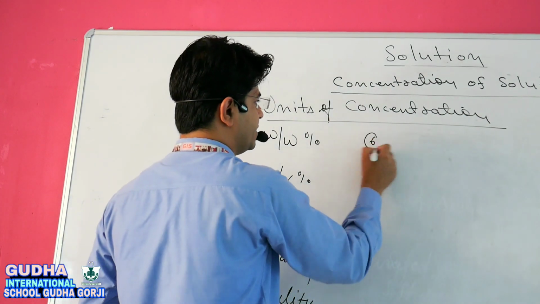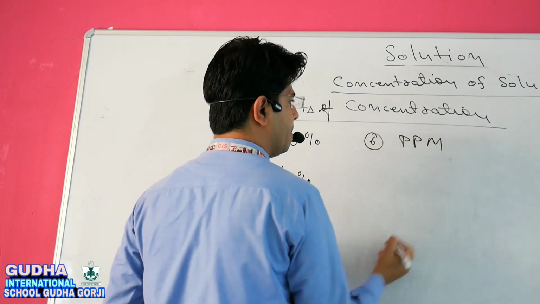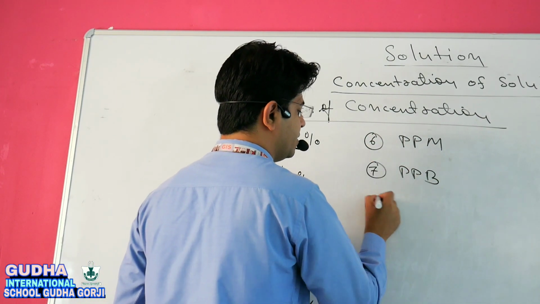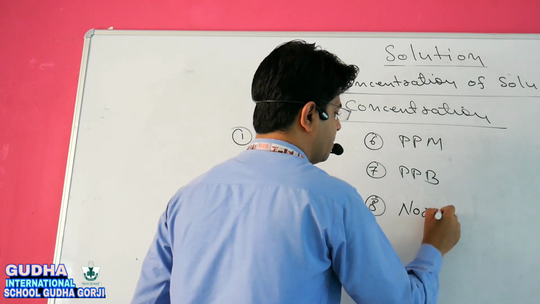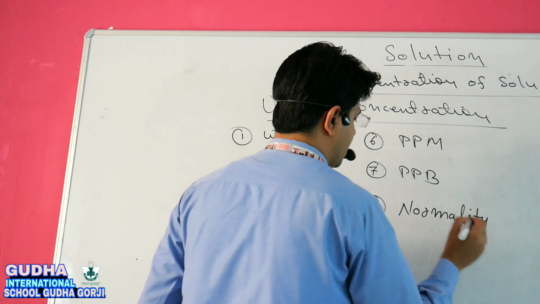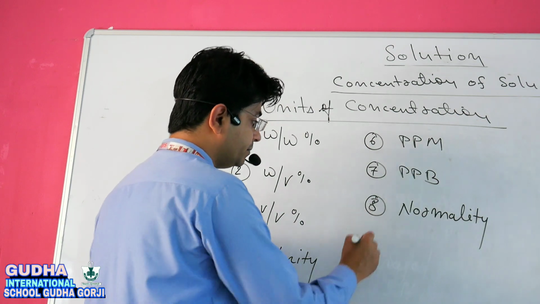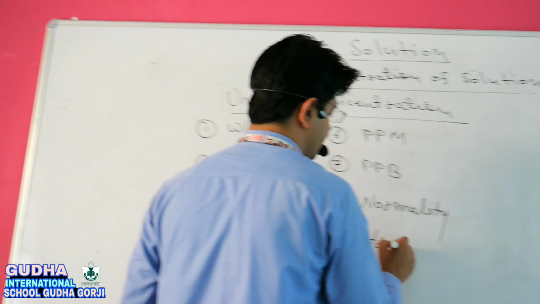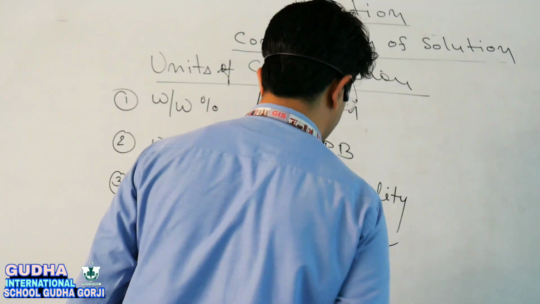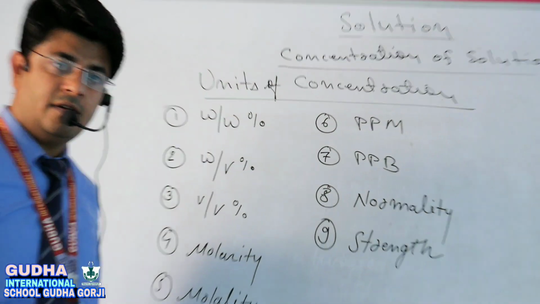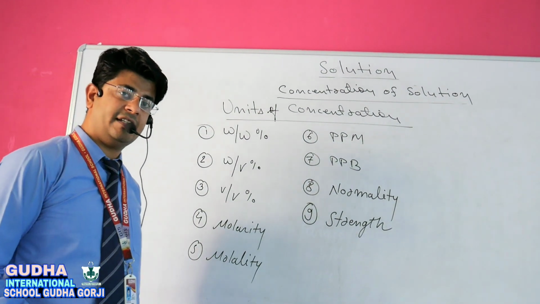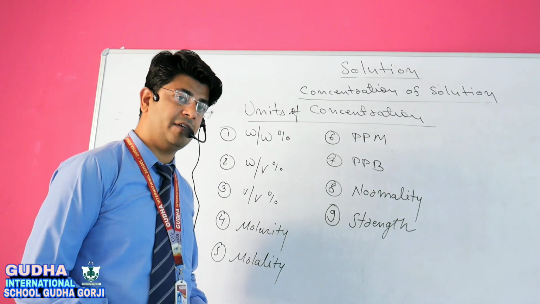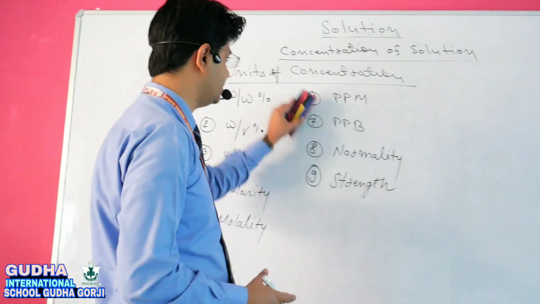The sixth is ppm. Seventh, ppb. Eighth, normality. And also a very major unit of concentration is known as strength. Now we are going to study these units in detail. So first, start with mass by mass percentage.